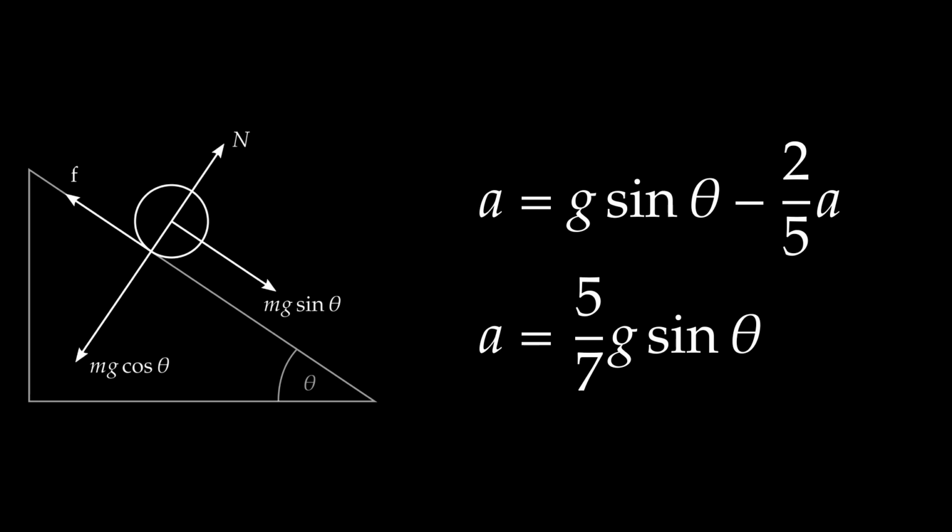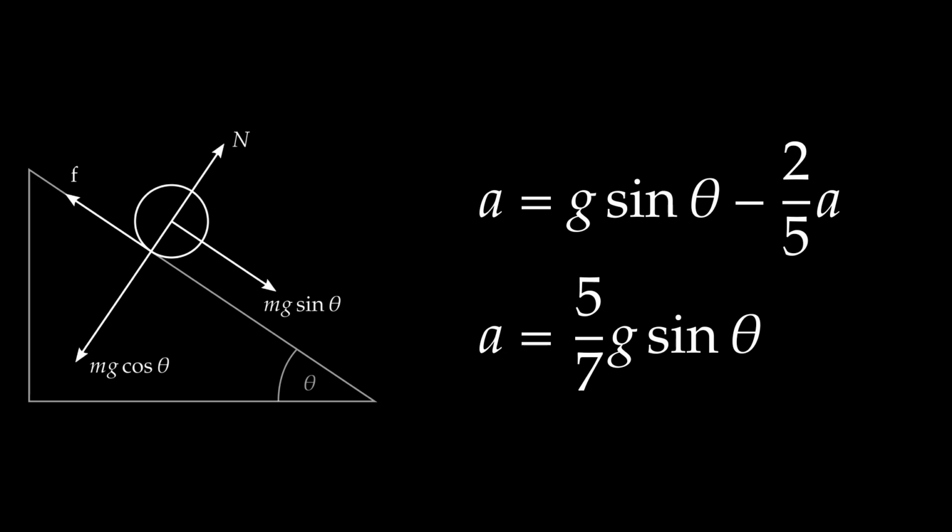So now I found my result here, and I'm just going to shamelessly draw arrows all over the place here. I found my acceleration because what I'm going to do is take 5/5 a and add 2/5 a to it, and find that I get 7/5 a equals g sine theta, which is a pleasing result.